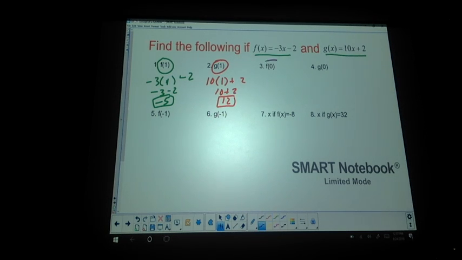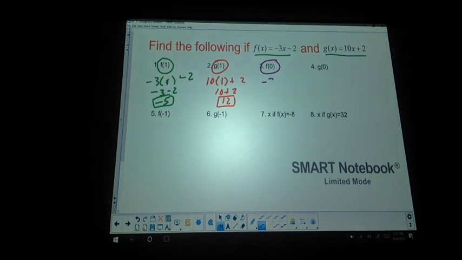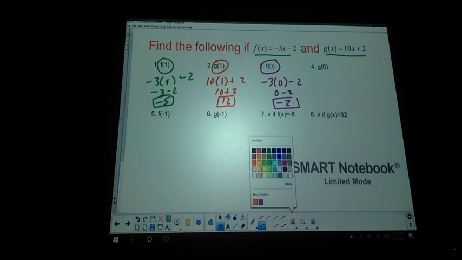Which equation, first or second? Okay, because it's f, right? So negative 3 times x, but I'm going to put a 0 in there now. So I get 0 minus 2, so I can just get negative 2. What about this one, first or second? Second. Okay, so I have 10 times x, so this is going to be 10 times 0.